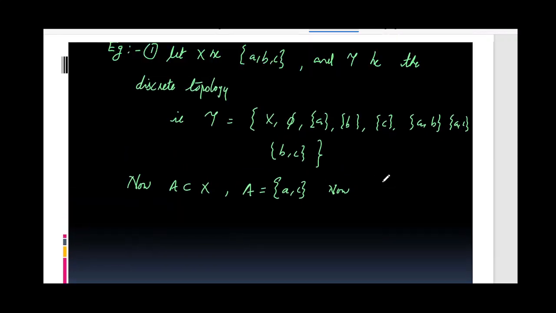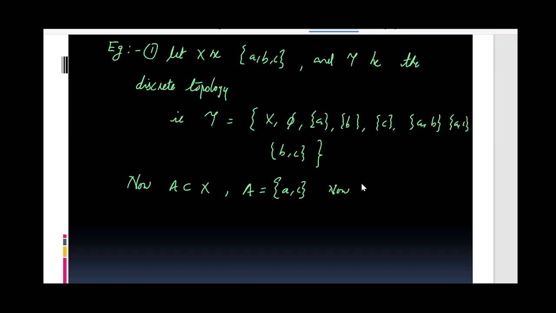The possibilities for accumulation points are either a, b or c, only three members.